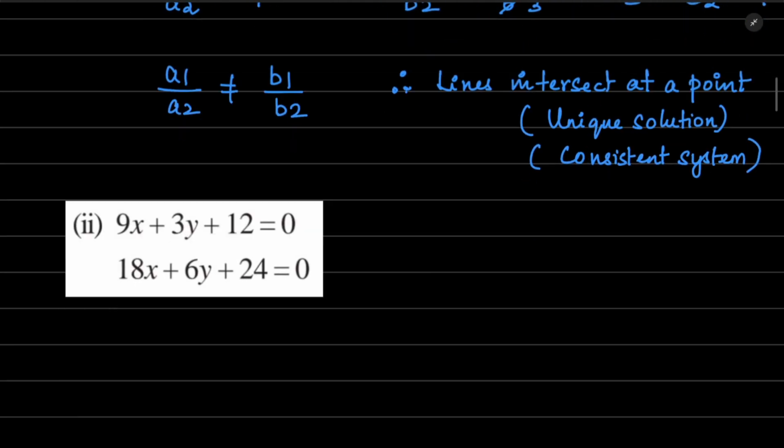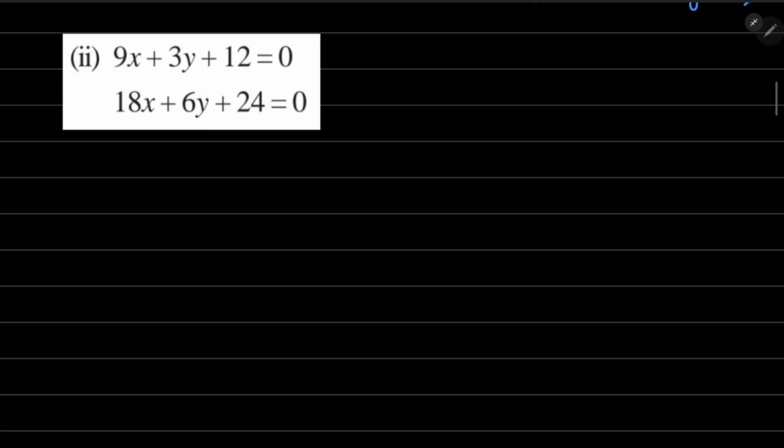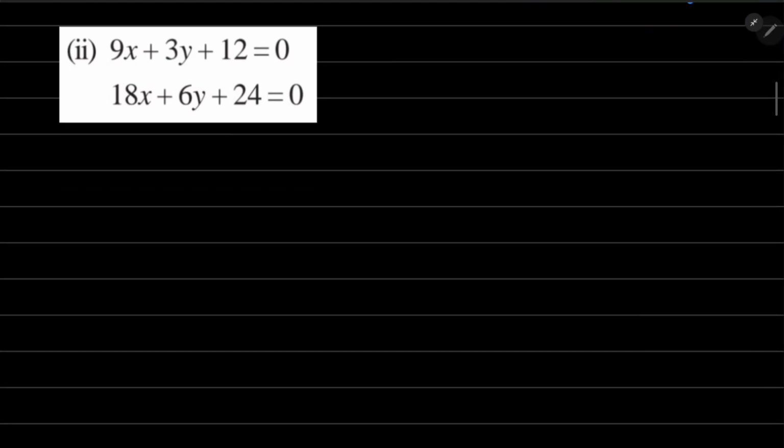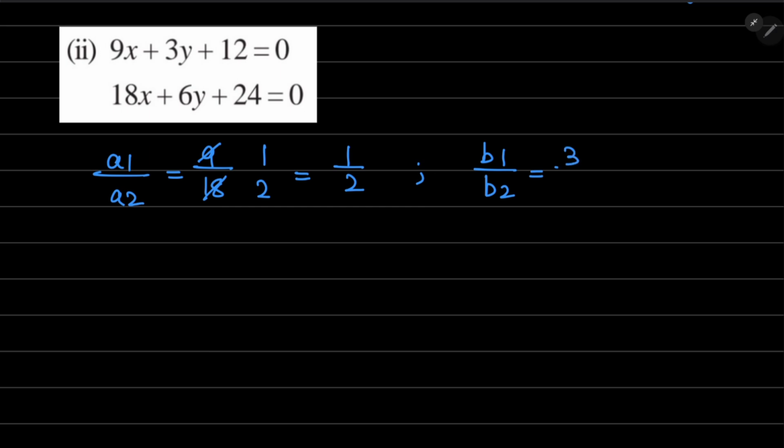Here also we again take a1 by a2. What do you get? a1 by a2 is nothing but 9 by 18. When you reduce it further, 9 ones are 9, 9 twos are 18, so it's nothing but 1 by 2. What is your b1 by b2? It's 3 by 6.